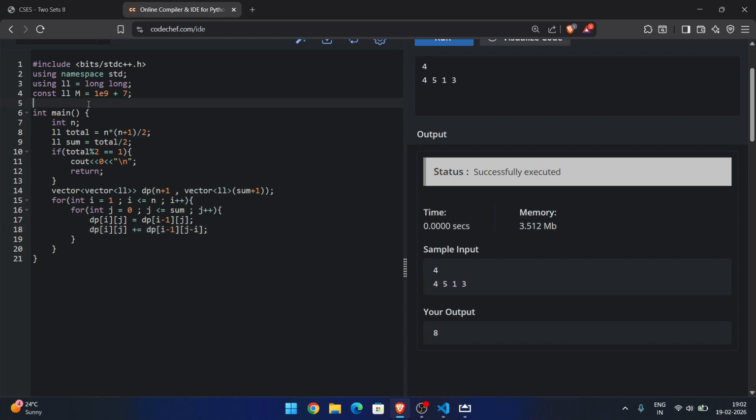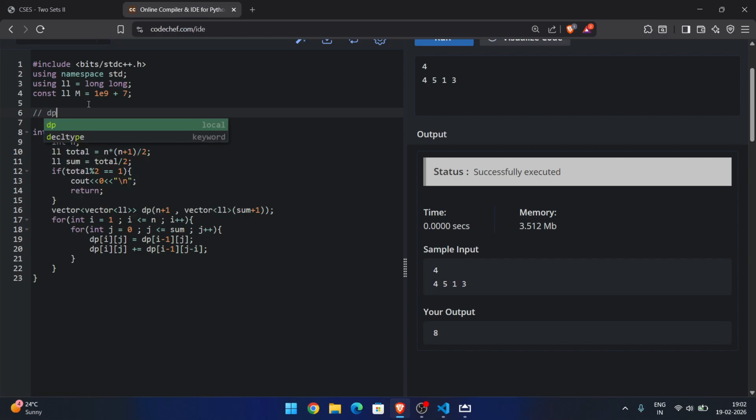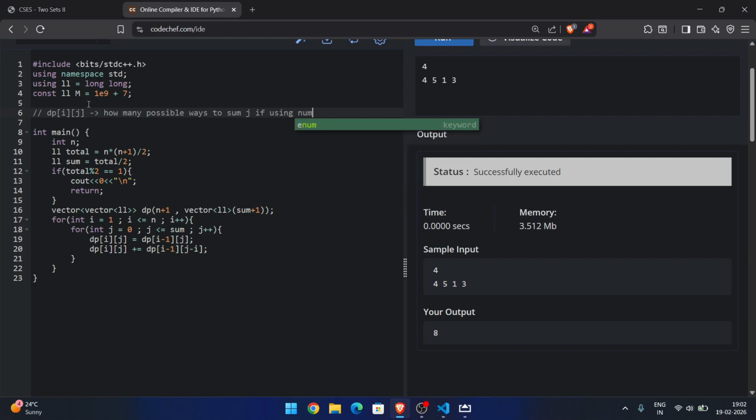So first, let me define dp of i comma j as how many possible ways to get j using numbers till i.